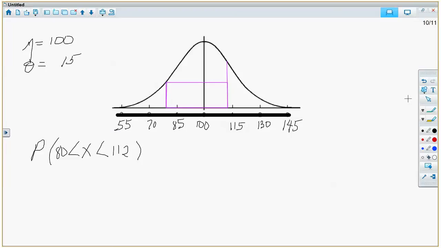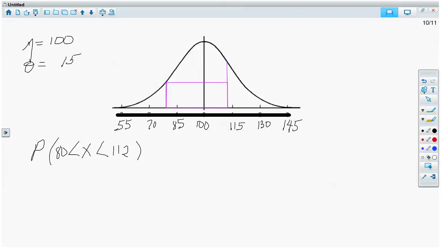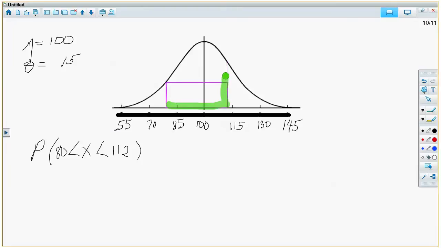There. So take my handy dandy highlighter. That's the area you want.